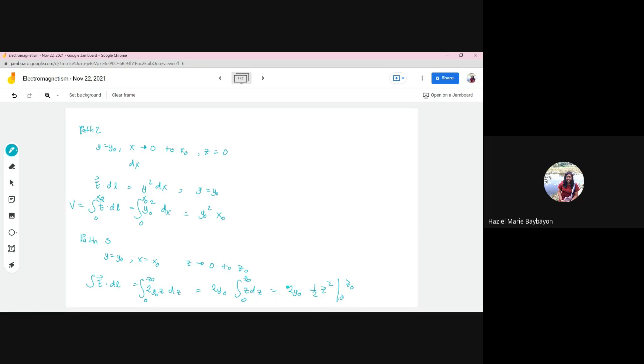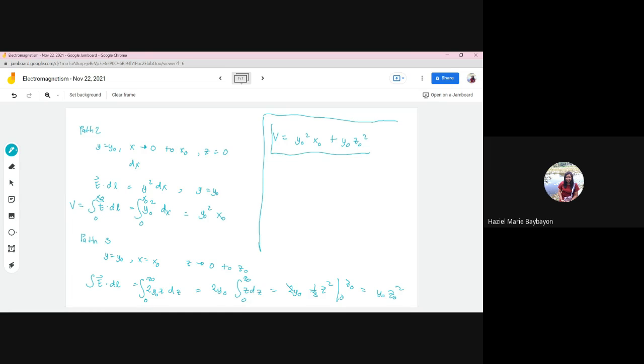Or this is equal to y naught z naught squared. Okay. Therefore, our potential, take note that potential is a scalar function. So you have V is equal to 0 plus y naught squared x naught plus y naught z naught squared.